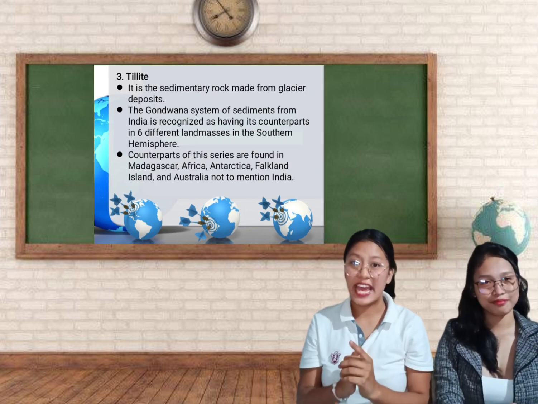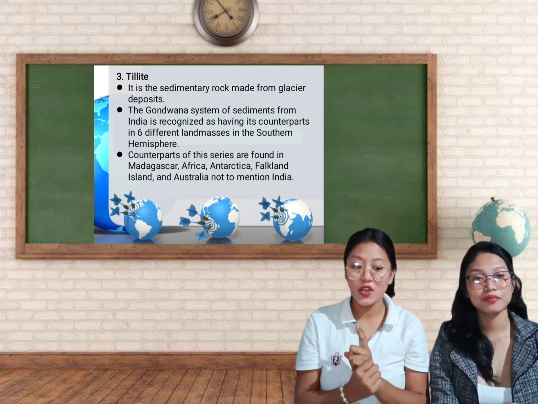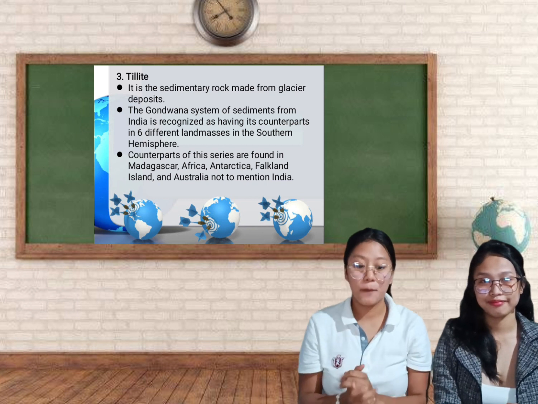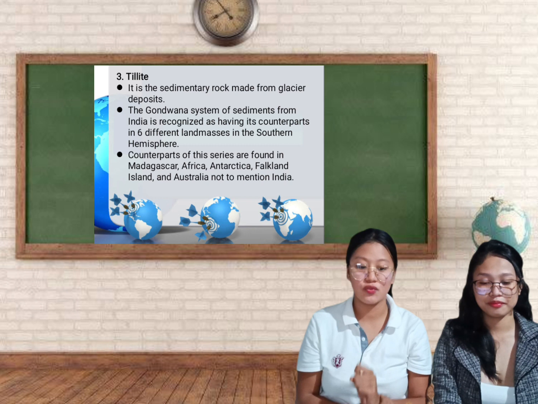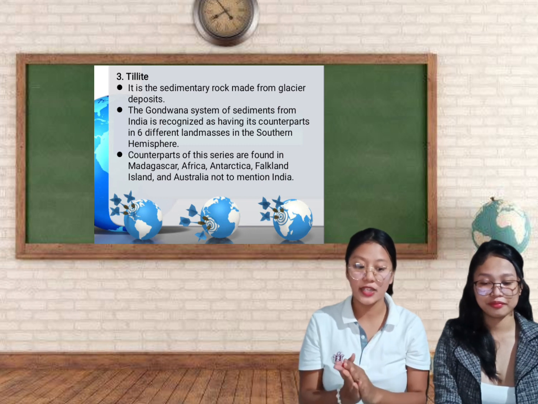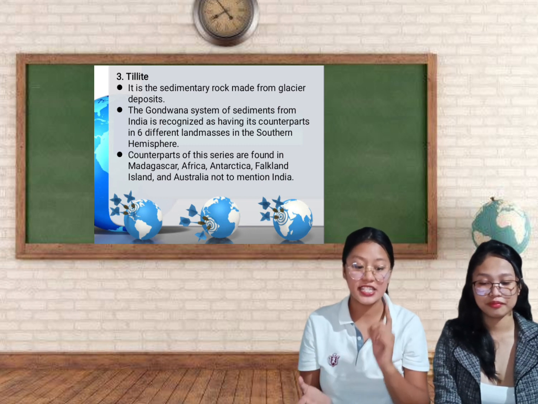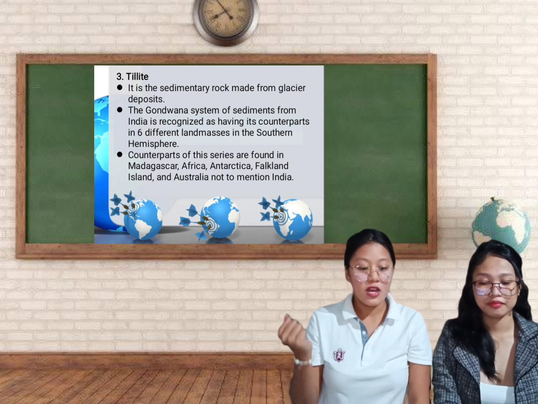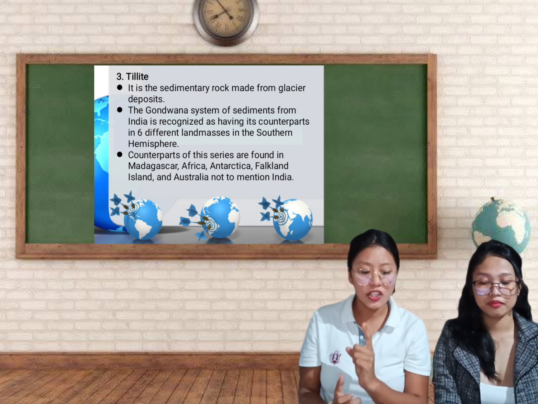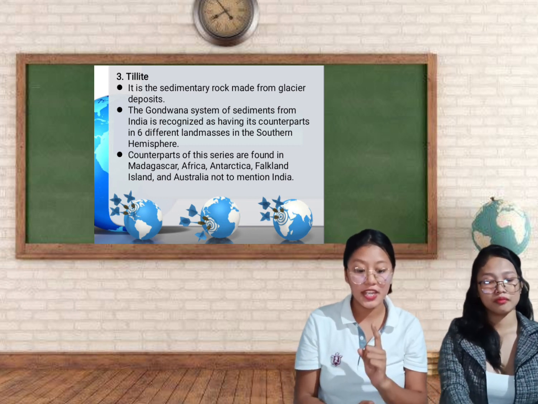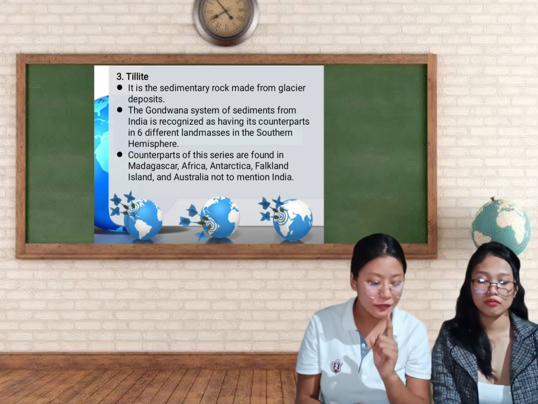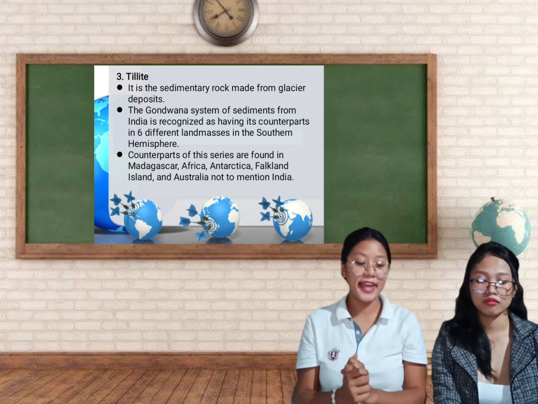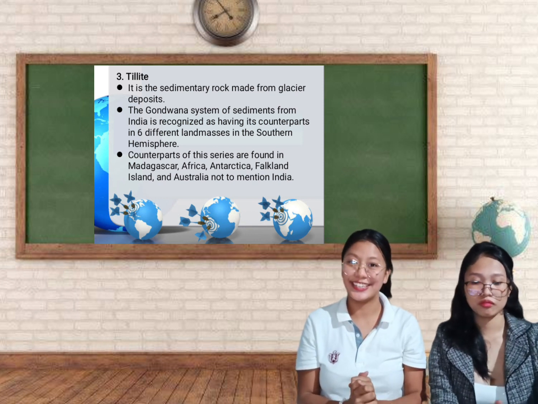Third one is the tillite. It is a sedimentary rock made from glacier deposits. The Gondwanaland system of sediments from India is recognized as having its counterparts in 6 different landmasses in the southern hemisphere. Then next, the counterparts of the series are found in Madagascar, Africa, Antarctica, Falkland Island, and Australia, not to mention India.